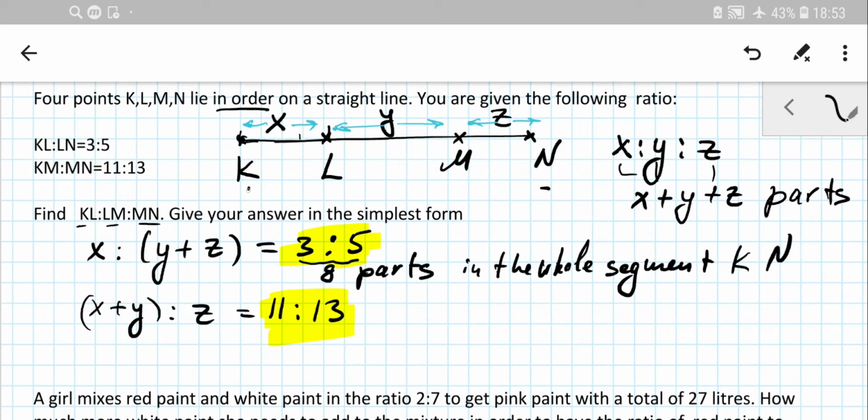If you take KN and divide it into 8 equal parts, you'll get each part. However, you don't know the length of KN. It would be possible if you knew the length, but right now you don't.